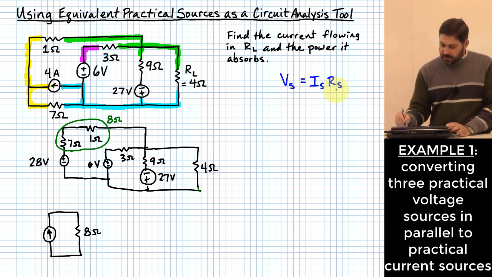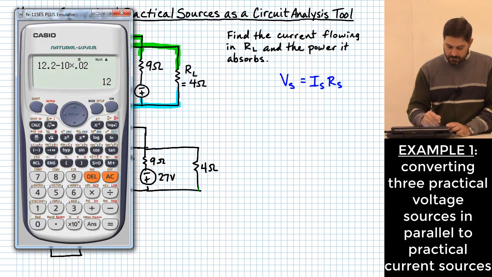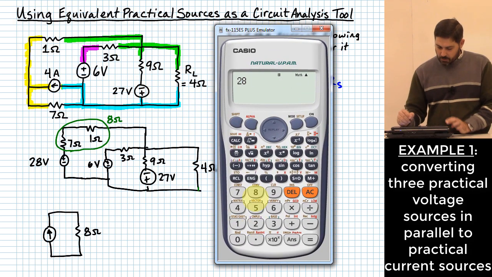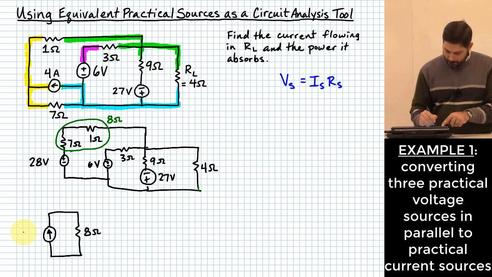Vs equals Is Rs, right? Rs is 8 ohms, and Vs is 28 volts. So my Is is going to be 28 divided by 8, which is 3.5.